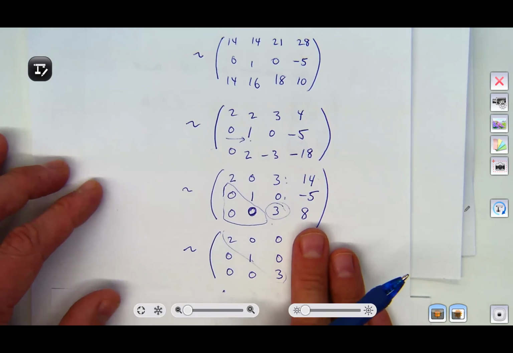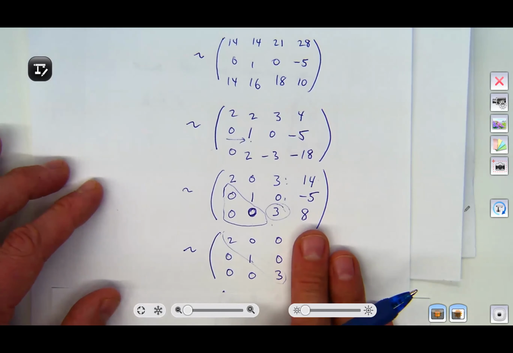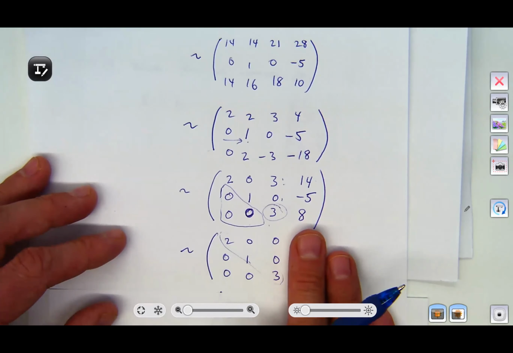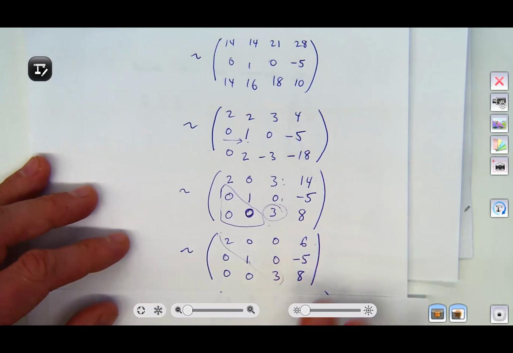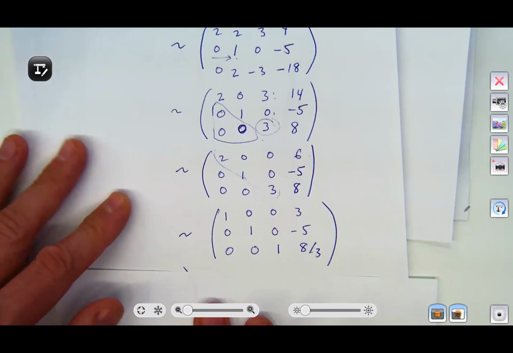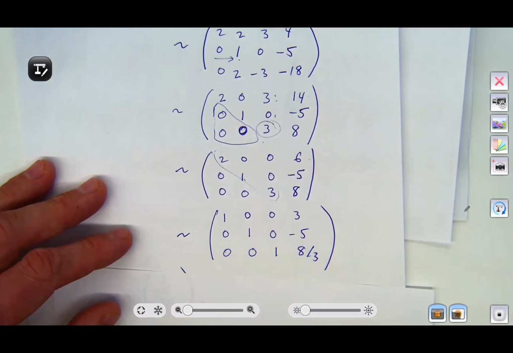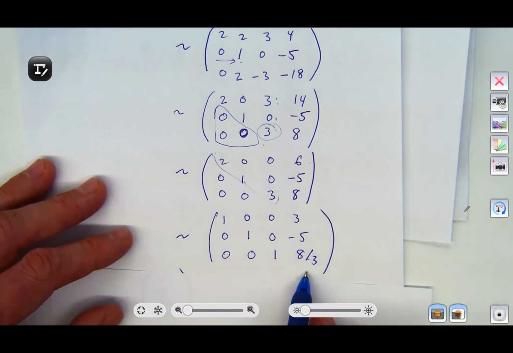It just doesn't have 1s down the diagonal, right? So this is a diagonal matrix. It's just not yet the identity matrix, okay? So I divide the top row by 2, I divide the bottom row by 3, and that's great because in the top row I have 1, 0, 0, 3, and in the bottom I have 8/3, okay?